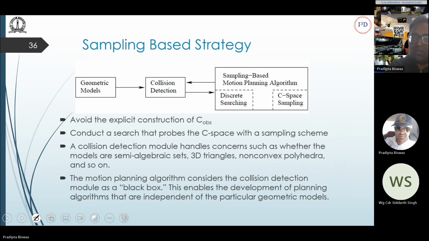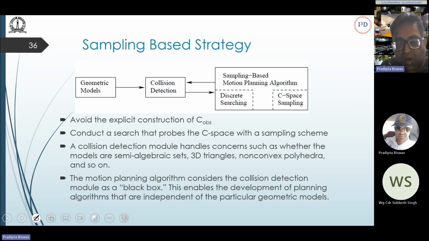So as you may now see, it will be a bit difficult to exactly find this half plane equation for different types of obstacles. So what we do in the next class, we'll learn these sampling based approaches, in which case we will have these modules which will sample the configuration space and return to us whether I can go to that place.